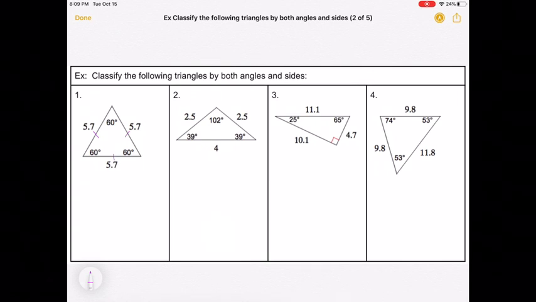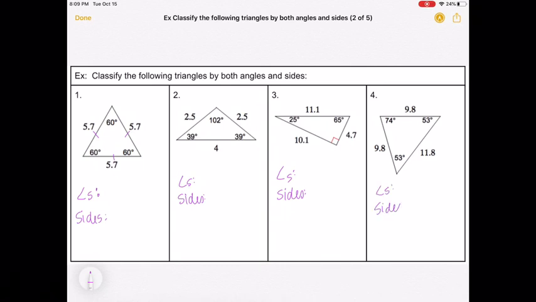All right, so I'm going to write angles and sides. I'm going to write that on each of these actually. Go ahead and write that real quick. So if we're classifying them both ways, so we don't forget to do both, okay?